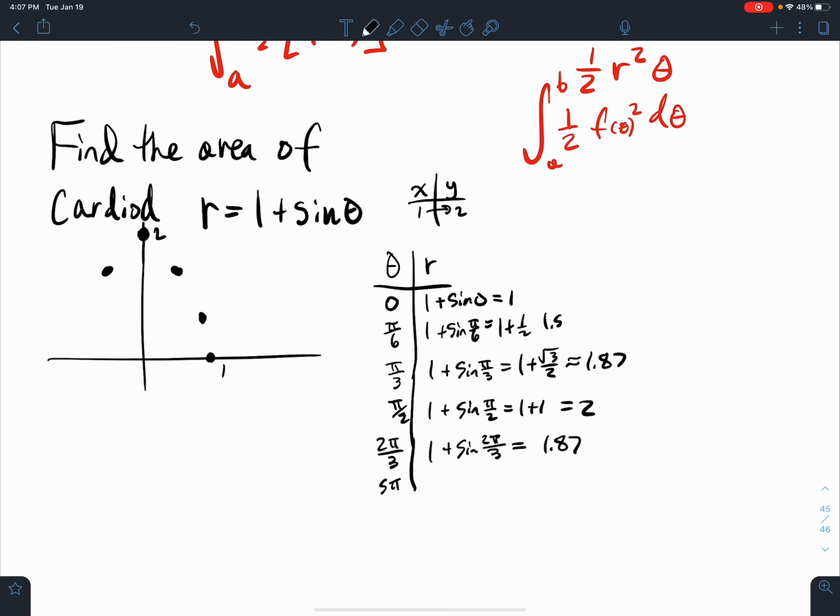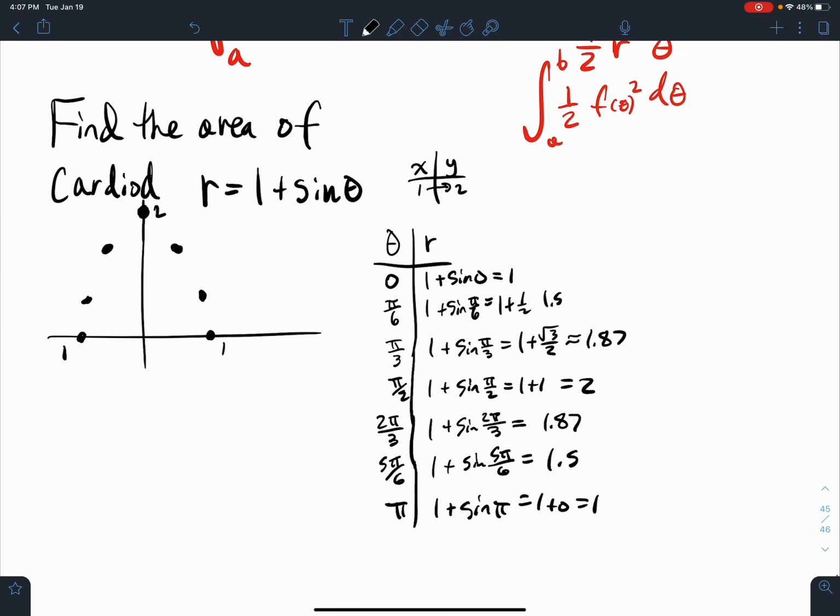And then 5 pi over 6 gets you back over to here. 1 plus sine 5 pi over 6 gets you 1.5 again. And then when I plug a pi in, 1 plus sine of pi, that's 1 plus 0, which is 1. And then 1 again.